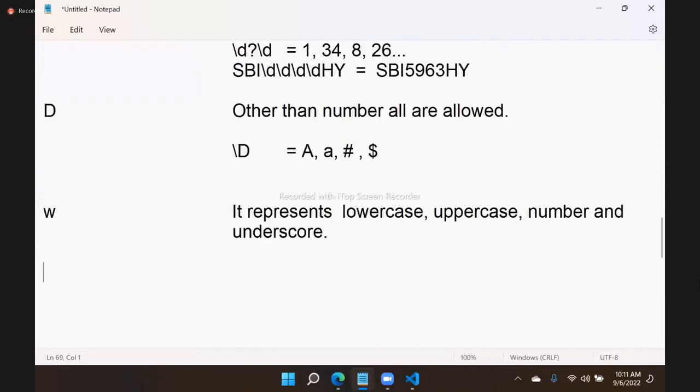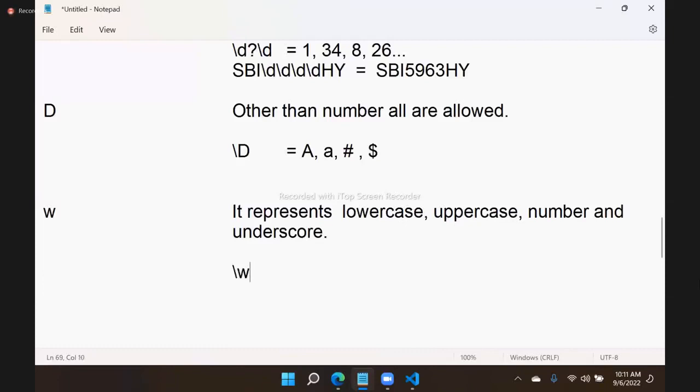Other characters are not allowed. That means here we have to write \w.